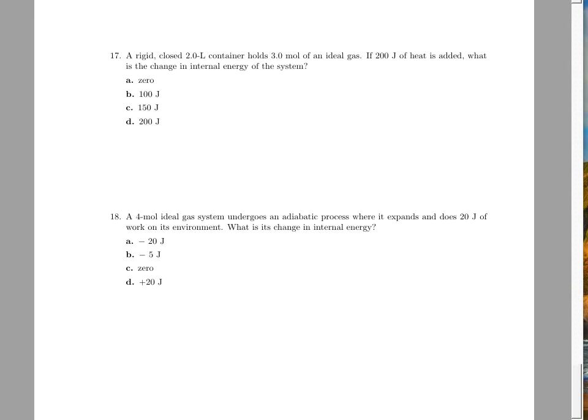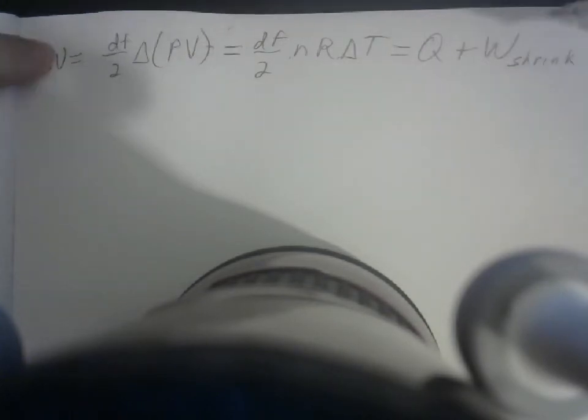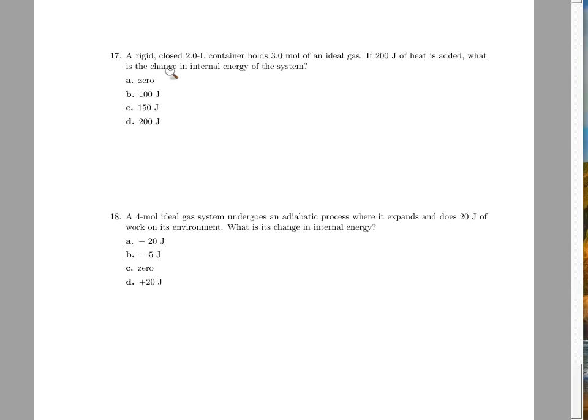Number 17, a rigid closed 2-liter container holds 3 moles of an ideal gas. If 200 joules of heat is added, what is the change in the internal energy of the system? Okay, so our ideal gas law and first law of thermodynamics says that delta U is Q plus the work done in shrinking the gas. This problem actually specifies that it is a rigid closed 2-liter container.